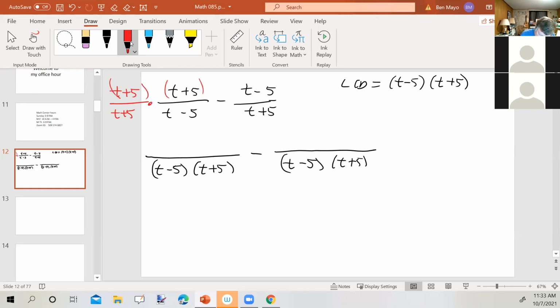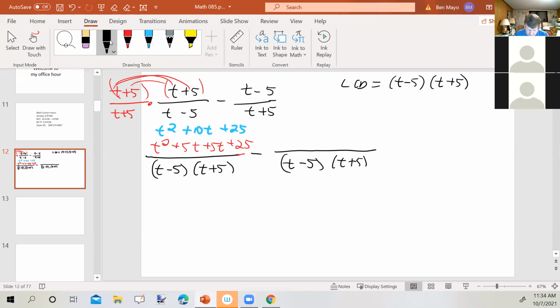The numerator, if I multiply these together, I get t squared plus 5t plus 5t plus 25. You all right with that? Yeah. Which, combining like terms, would be t squared plus 10t plus 25. Okay?